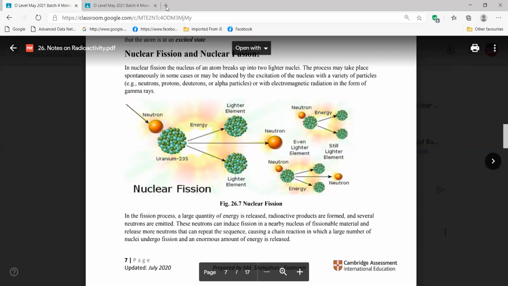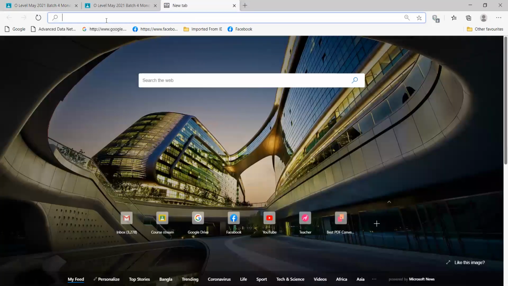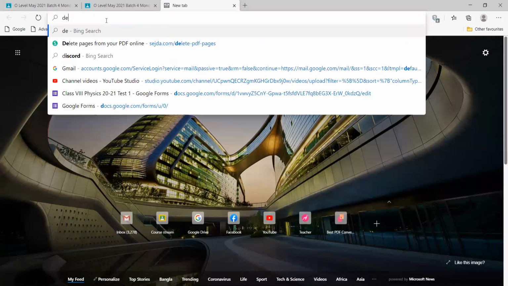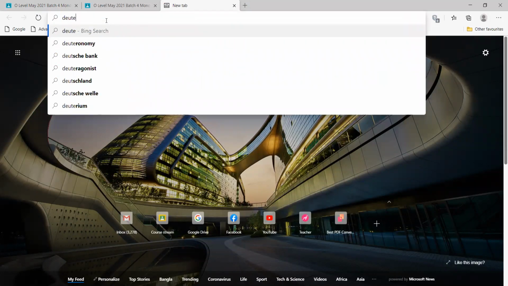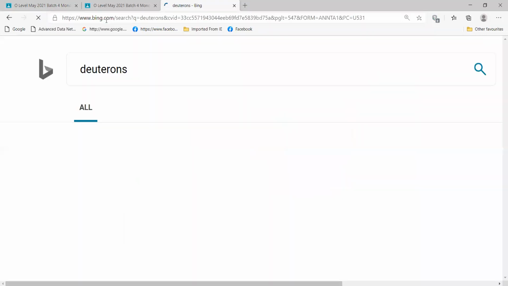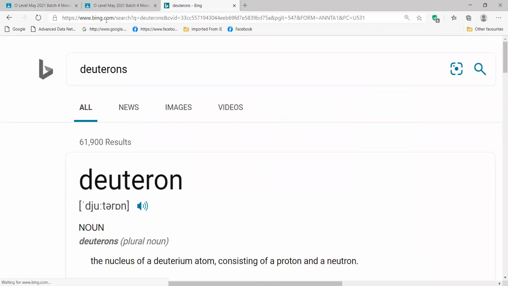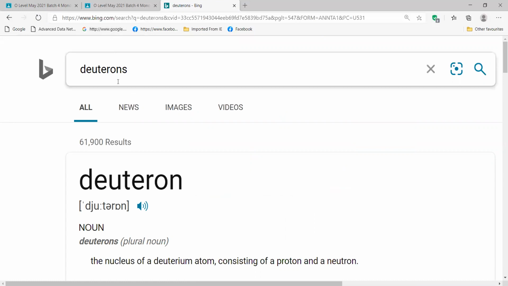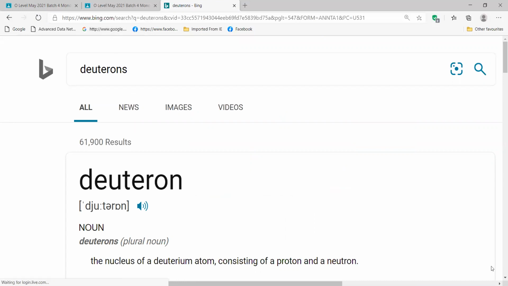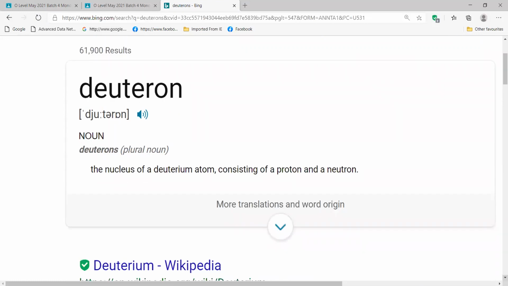Okay, well, let us check it. Deuterons. You write it in your copy. The nucleus of a deuterium atom consists of a proton.